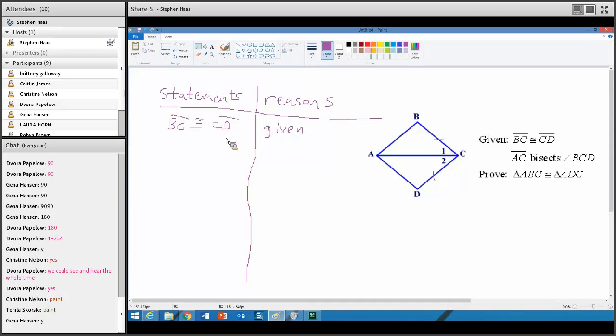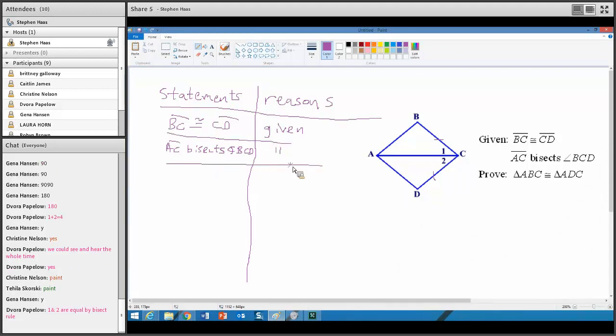And then we'll say AC bisects angle BCD, also because it's given. Anybody have an idea of what we should do next once we've established these two givens?